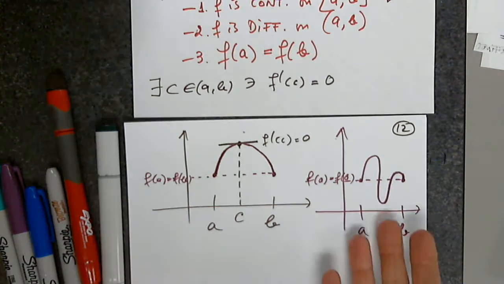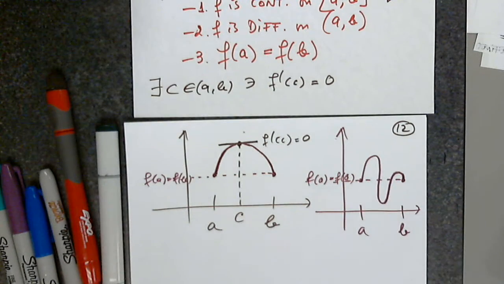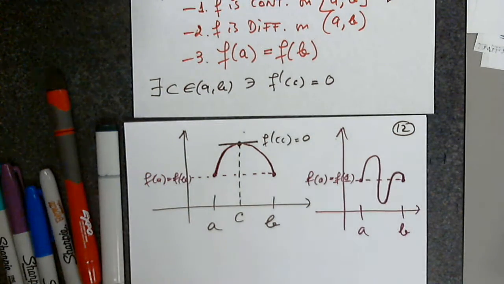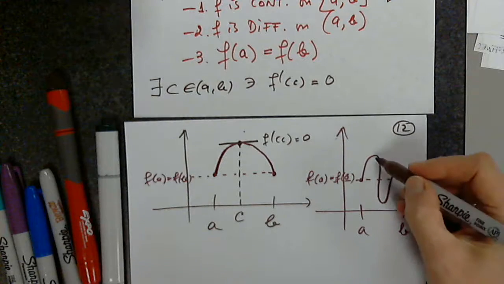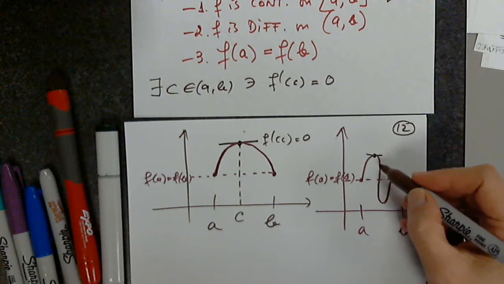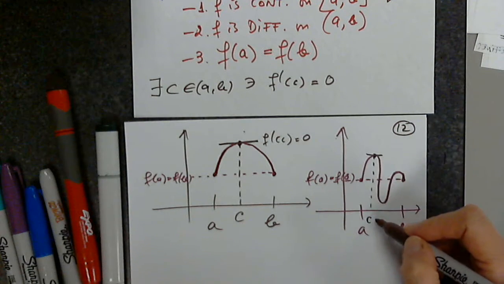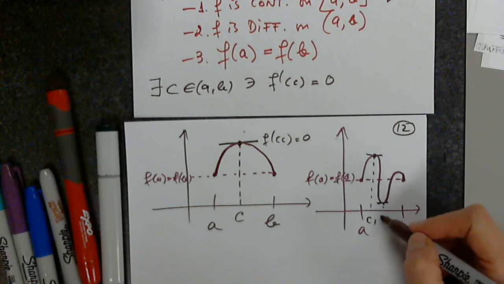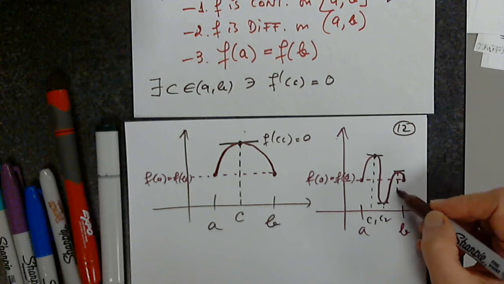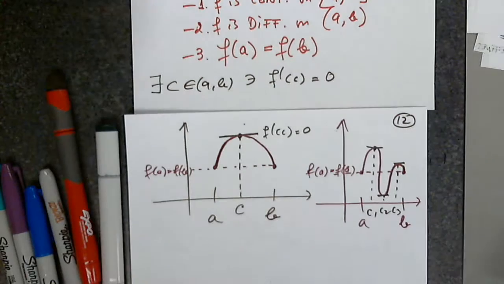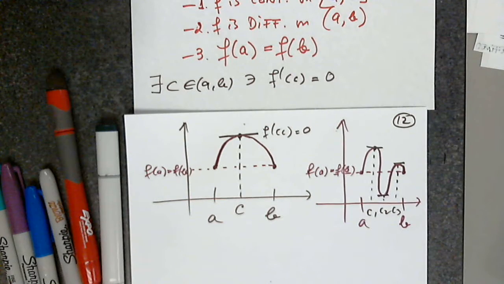With the second example, I want to show that there is at least one C. How many C's does this function have? A C1, a C2, and a C3. All of them are between A and B. It doesn't matter.